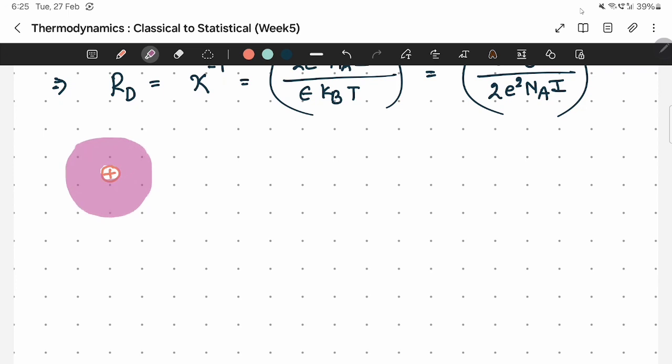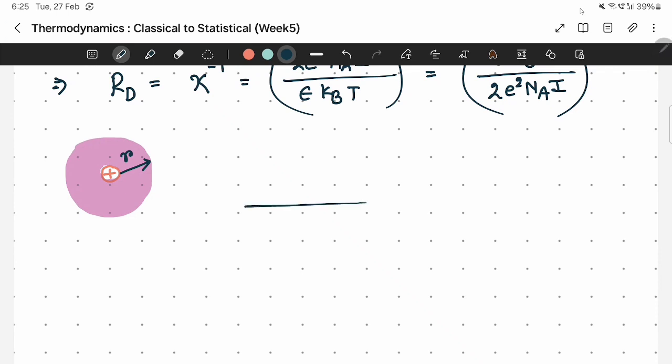Let's say r is the distance of the negatively charged ion from the central cation.